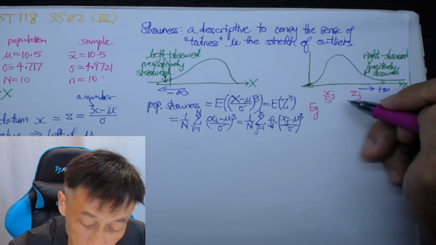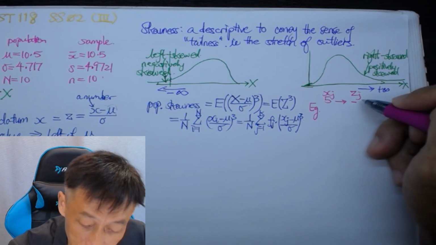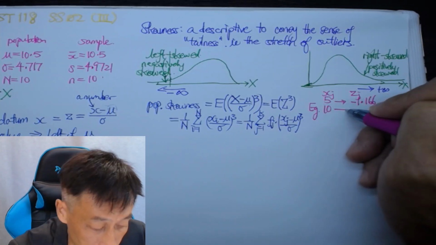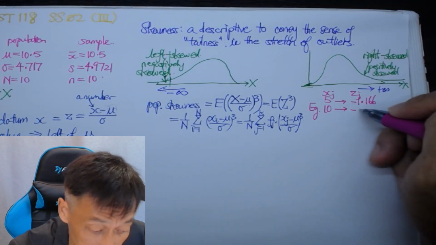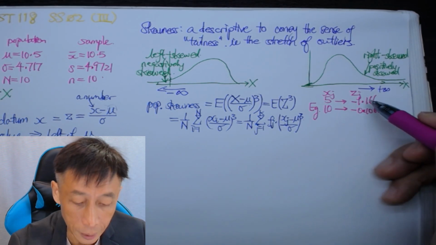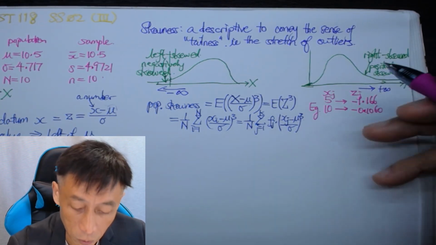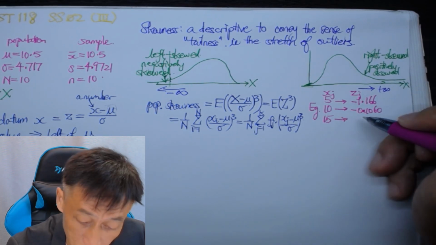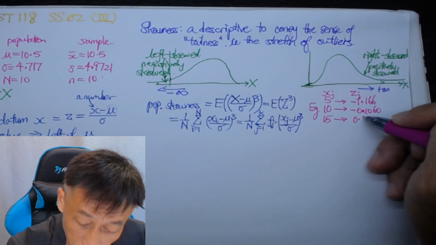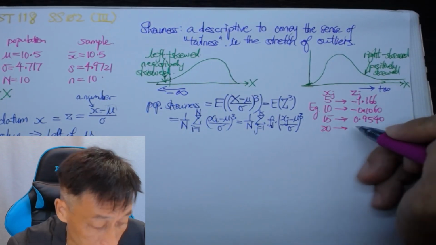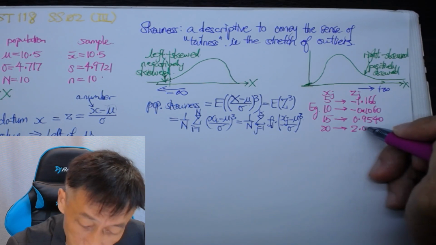So 5 converts to minus 1.166. 10 converts to minus 0.1060. And you just apply the Z formula, right? The Z formula. 15 converts to 0.9540. And finally, 20 converts to 2.0140.